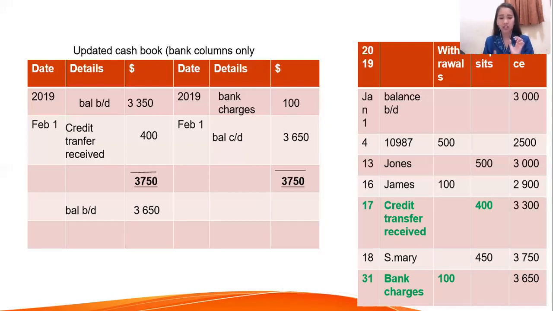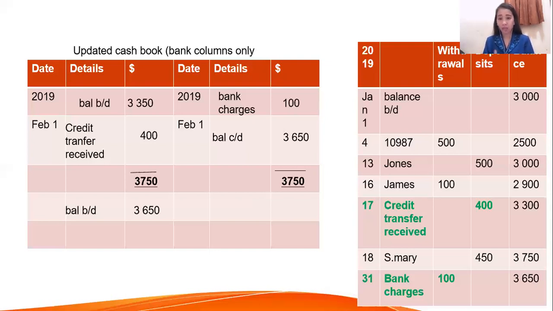After that, we classify and identify which transactions, and then update the cash book. After we update the cash book, we find out the balance. Is it already balanced? Is it already the same as our bank statement? If it is already the same, then no need to prepare the bank reconciliation statement. Just stop right there, just stop once you update your cash book.